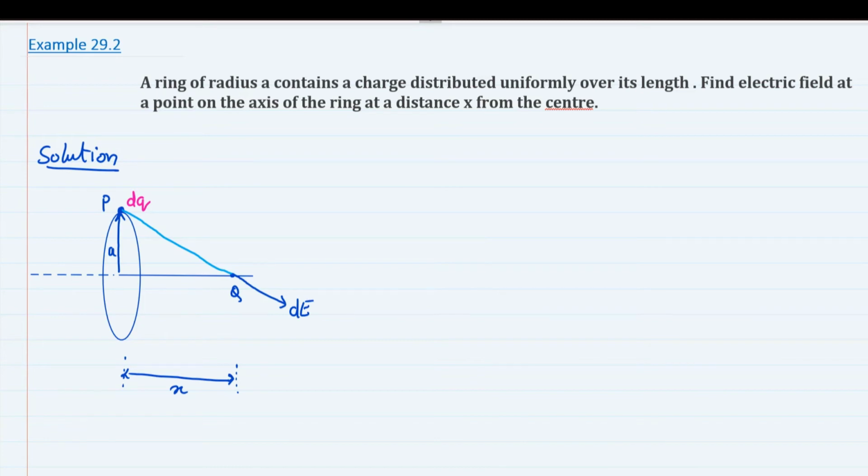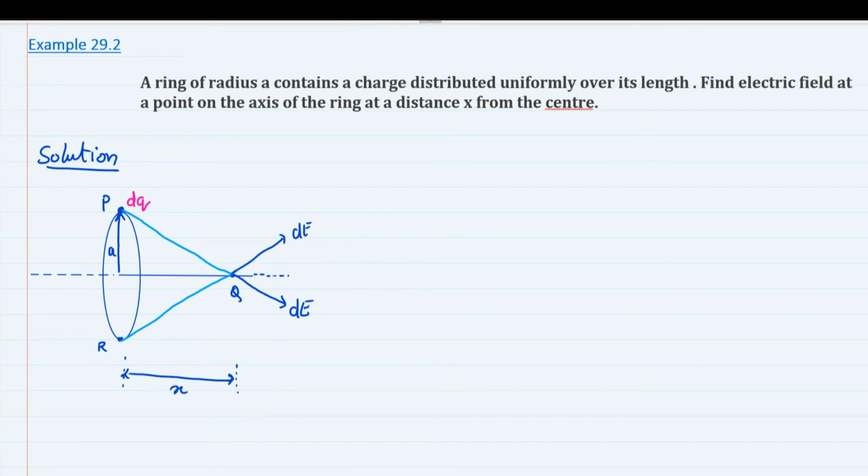Similarly, the electric field due to the rest of the charges will be at Q, forming a triangle like this. If there is a point P over here, let's suppose I have one more point R. This will have its electric field along this line, which will be dE like this.